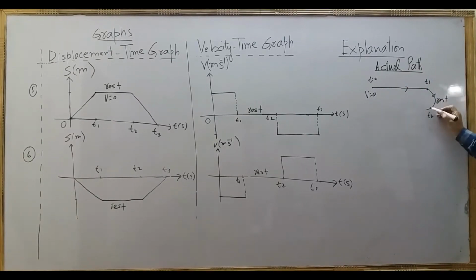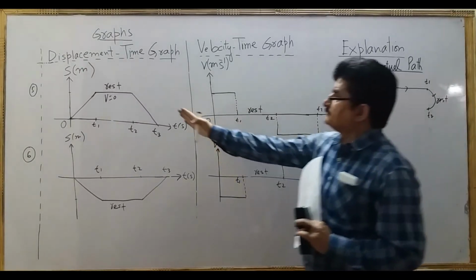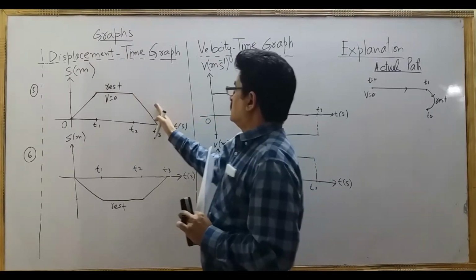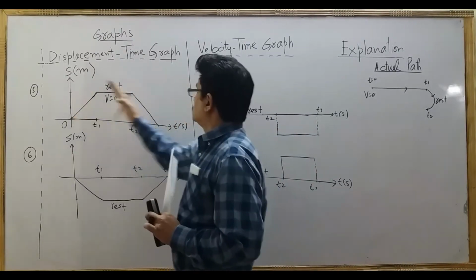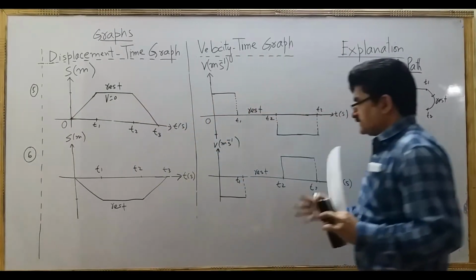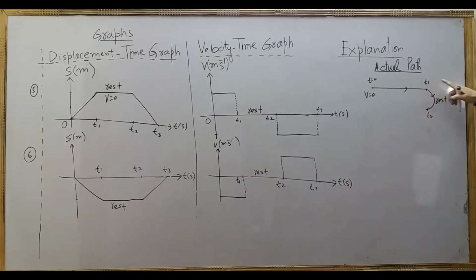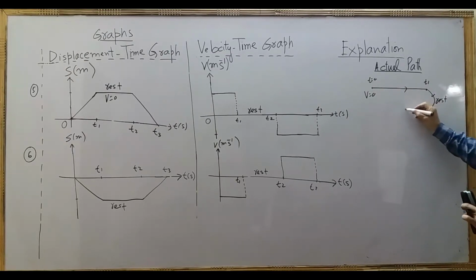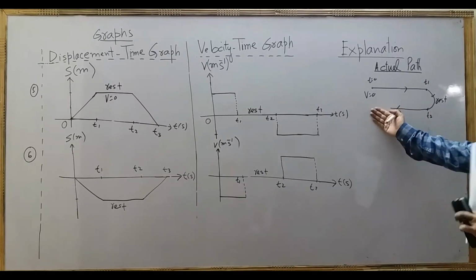Now it takes a turn after taking a rest from t1 to t2, and the graph comes down. The gradient of this line will be negative, and this is positive. What is actually happening? The particle is taking a turn and coming back towards the fixed point. So at time t3 its velocity may or may not be 0.